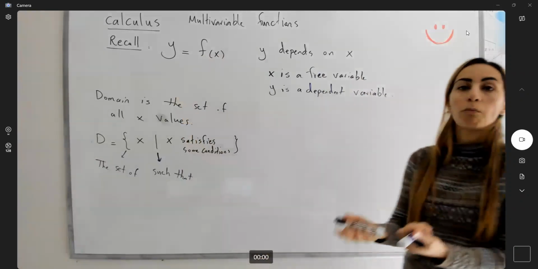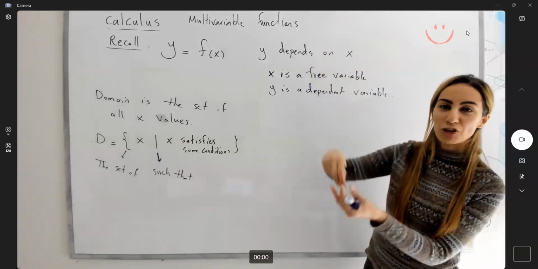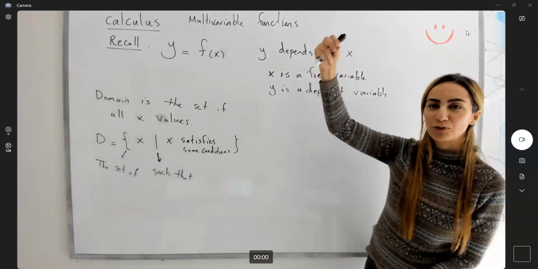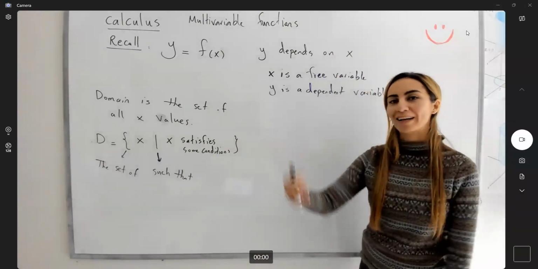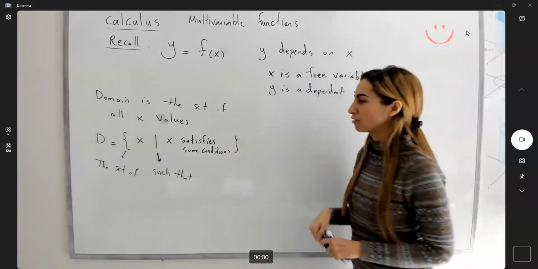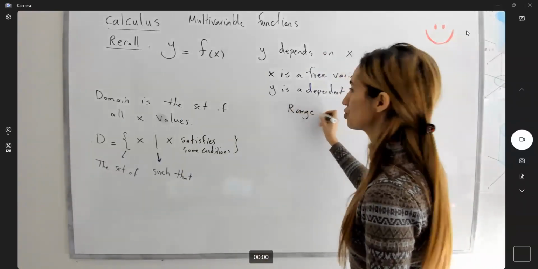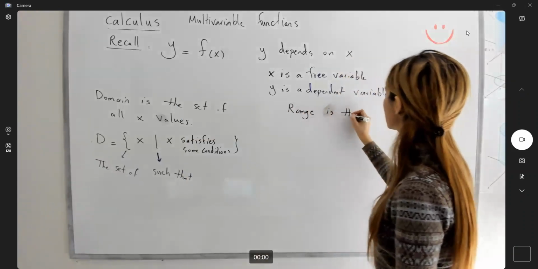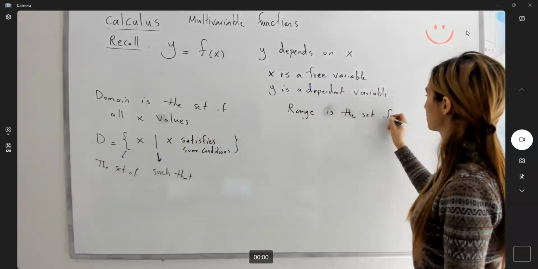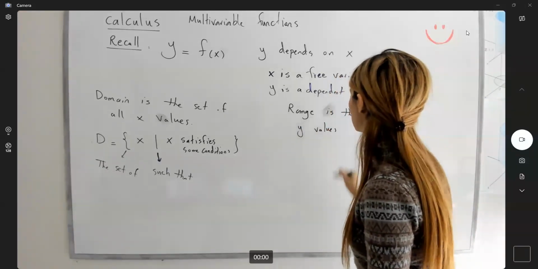As to define the domain of the function, we also define the range of the function, the y values. After specifying what x is, we move on and talk about the range of the function. So the range is the set of y values or output values.